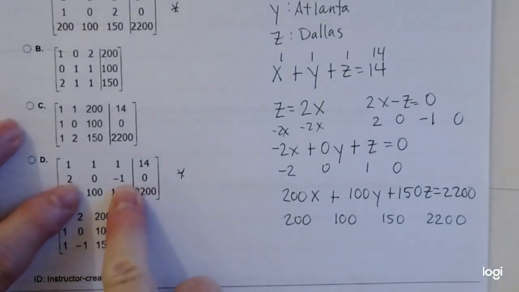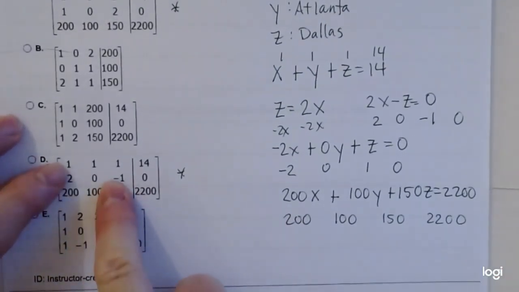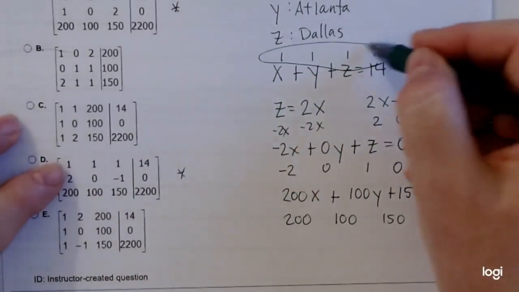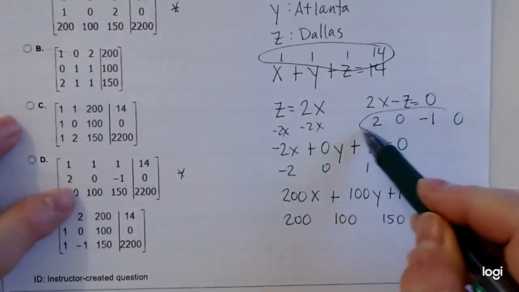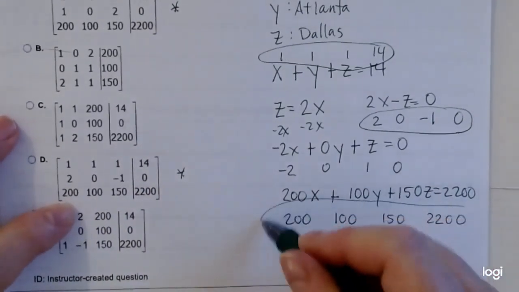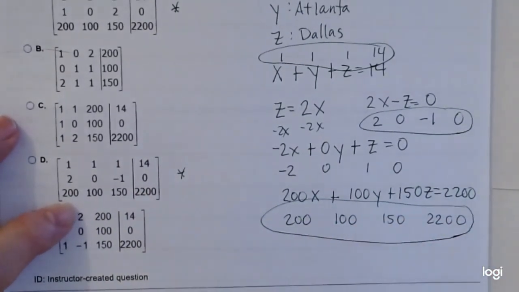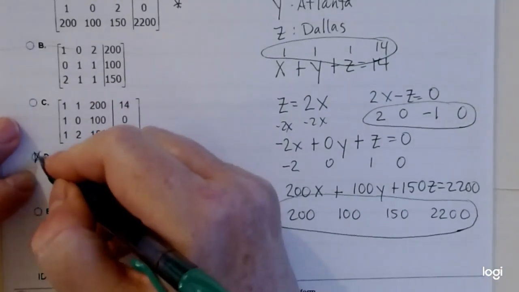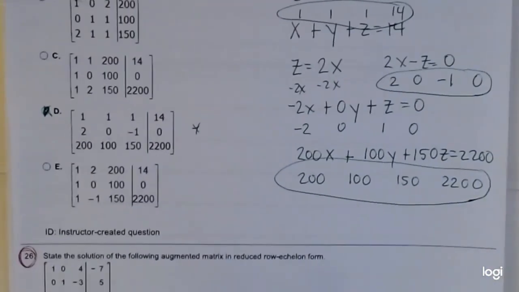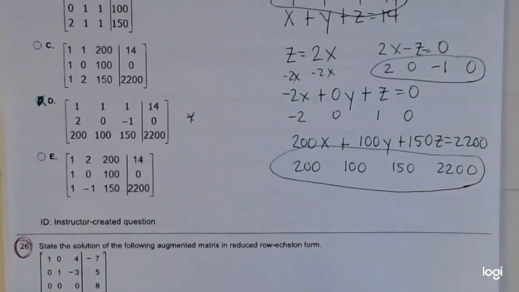And that's what we have in this one. So in this one, we have the 1, 1, 1, 14 right here. We have the 2, 0, -1, 0, and then we have the 200, 100, 150, and 2200. So D is the matrix we're looking for.